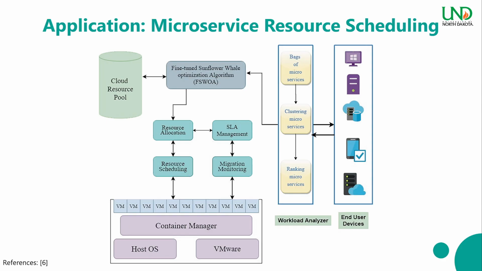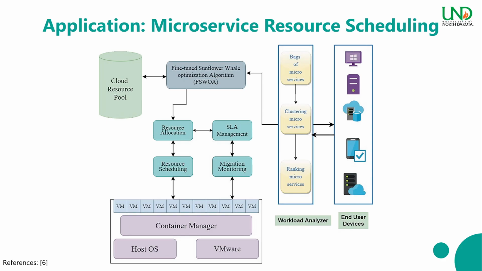But in this case, the role here is the optimization of how the services should be assigned to available resources in the cloud. On the left here, you can see that the outcome of the process is the algorithm driving the resource allocation and scheduling decisions across virtual machines and containers, while interacting with system constraints like the SLA requirements or the resource availability.